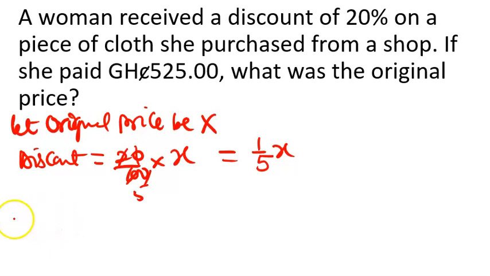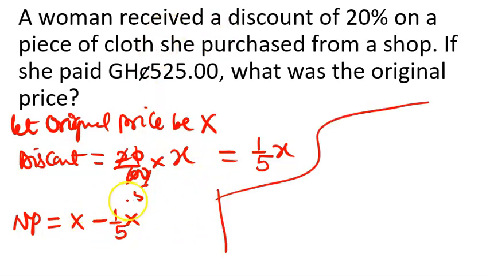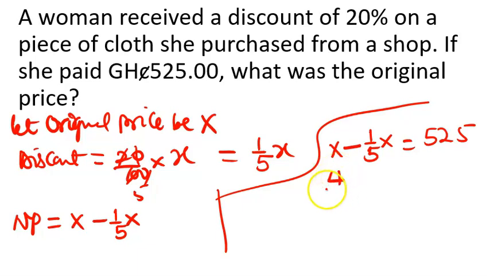And then the new price will be the original price minus the discount, and this is equal to the amount that the customer pays. So X minus 1 over 5 X is equal to 525. Then we are going to solve. This is 4 over 5 X, which is equal to 525.